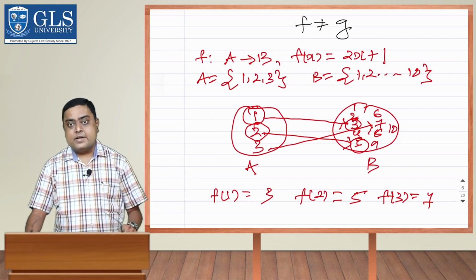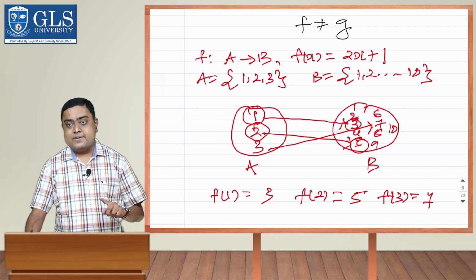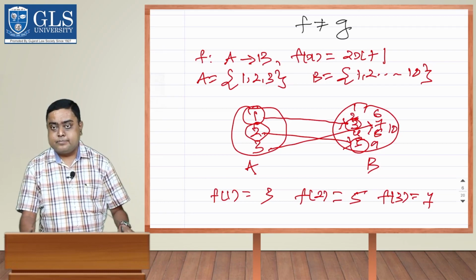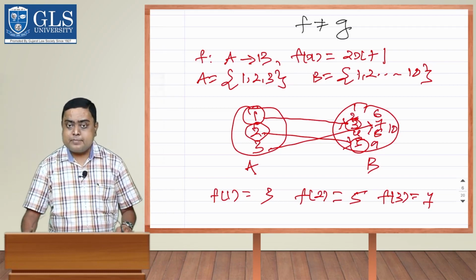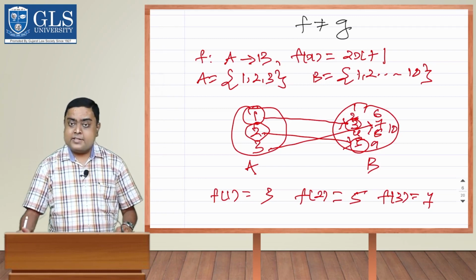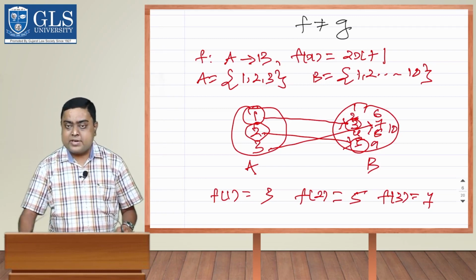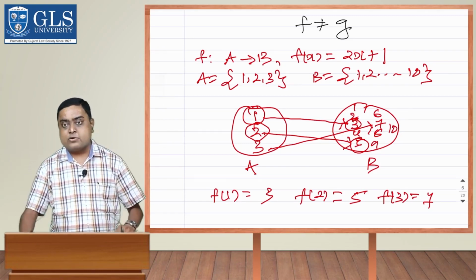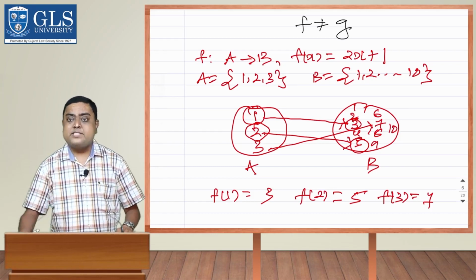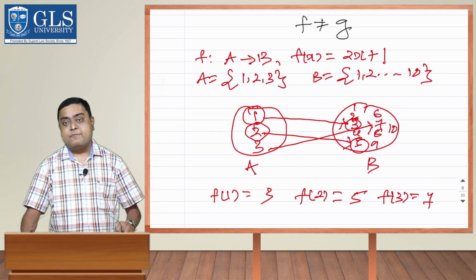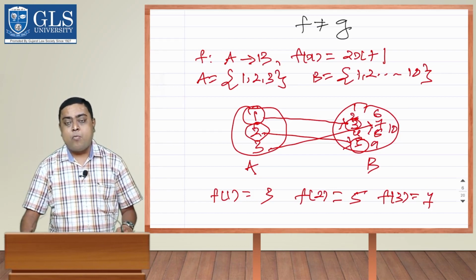So friends, here as the values of x are different, their images are also different. You can take another pair, x is equal to 2 and x is equal to 3, and see their images. Their images are also different. So if the values of x are different and their images are also different, then the function is said to be a one-one function. Am I clear?